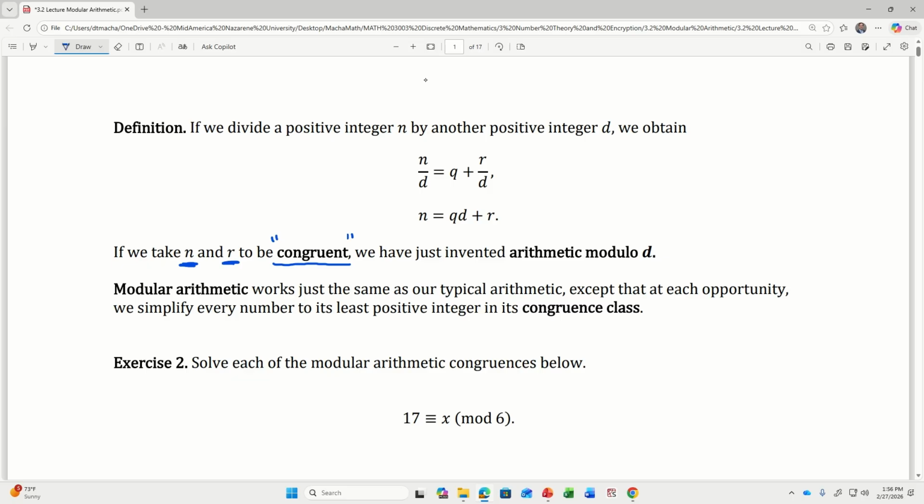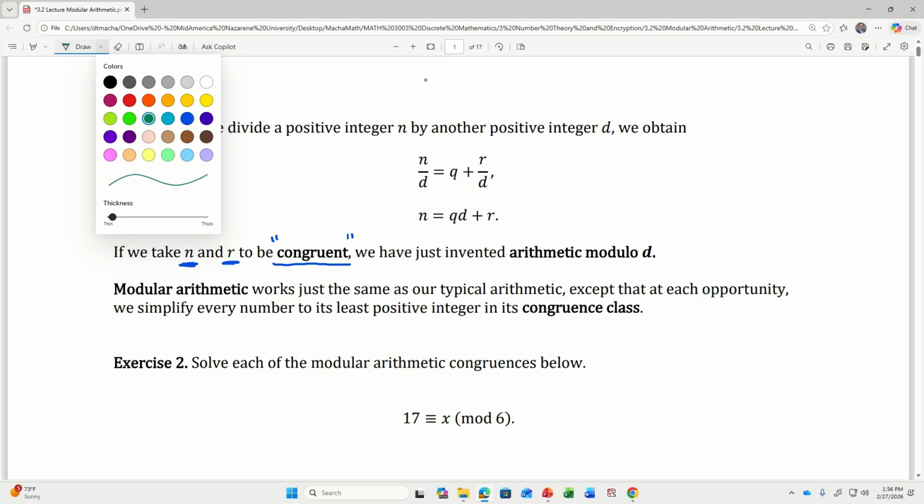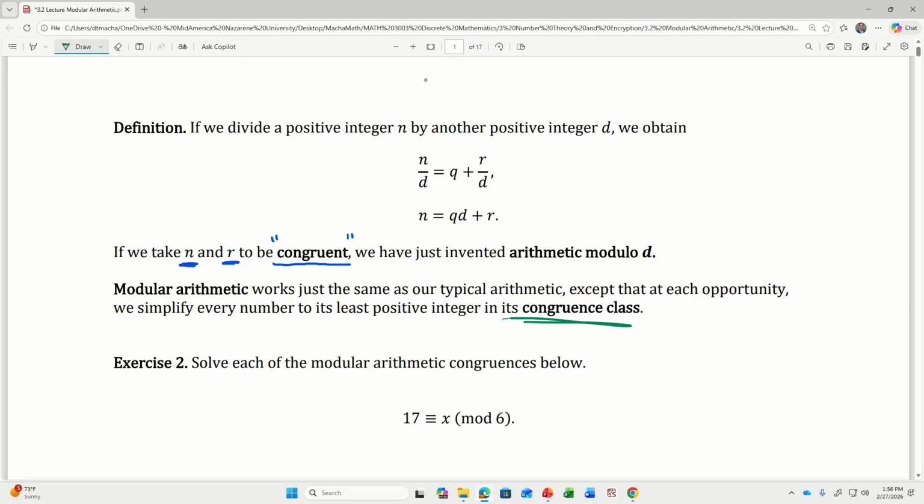And what I mean by congruence class is this. If I'm dealing with modulo 5, for example, then 2 is the same thing as 7, which is the same thing as 12, which is the same thing as 17, which is the same thing as 22, which is the same thing as 27, and so on.